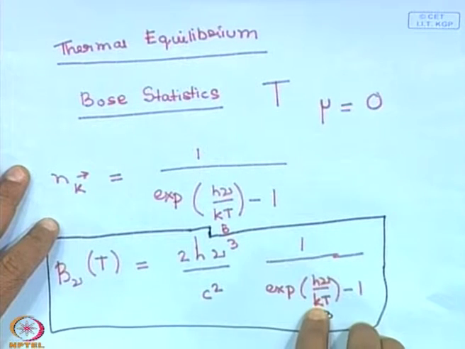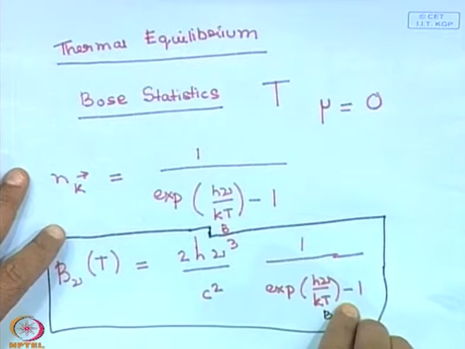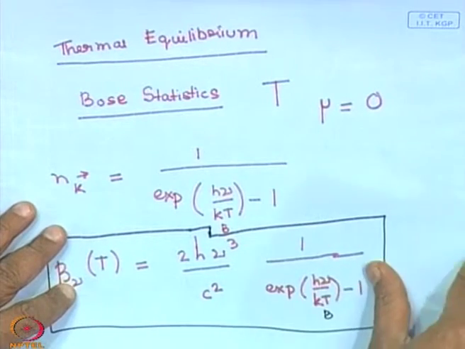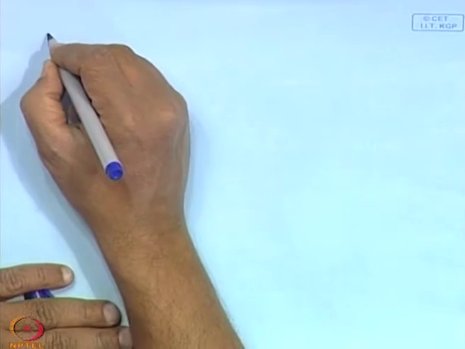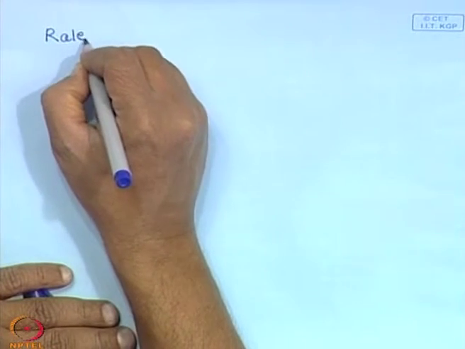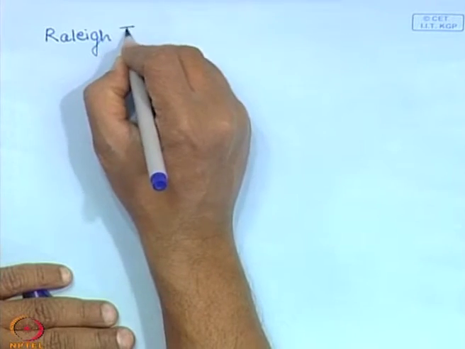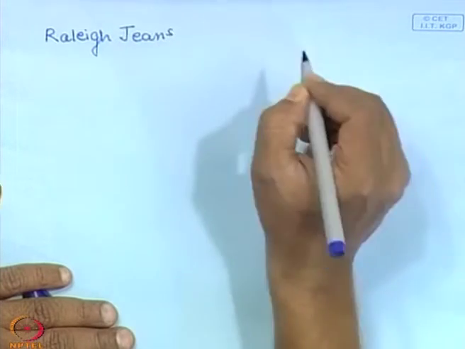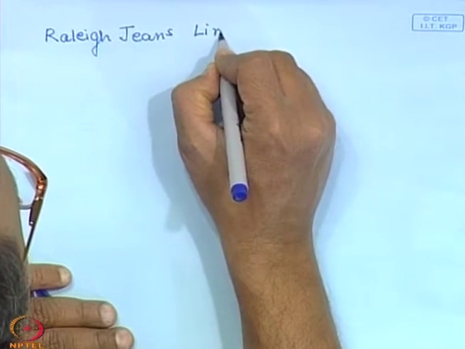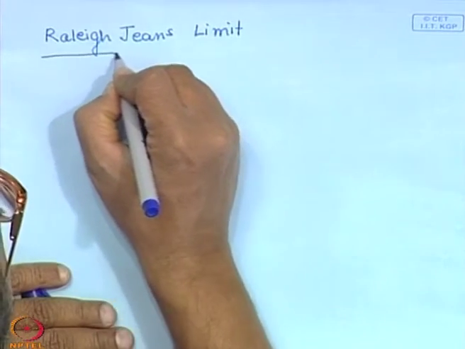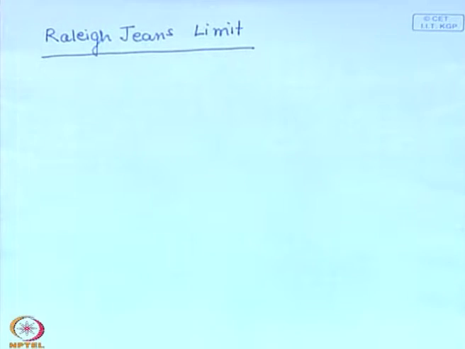Okay. So, first we will consider a certain limit, the situation where h nu by kB T, with kB the Boltzmann constant, is much less than 1. This is called the Rayleigh-Jeans limit. We will first study the Planck spectrum in the Rayleigh-Jeans limit.